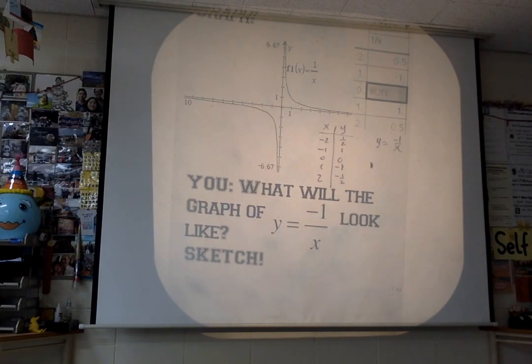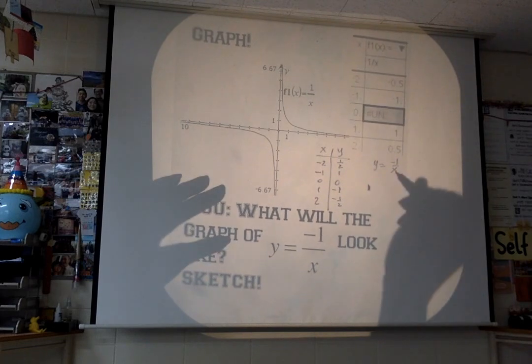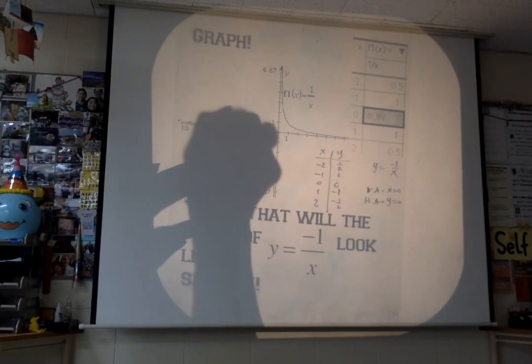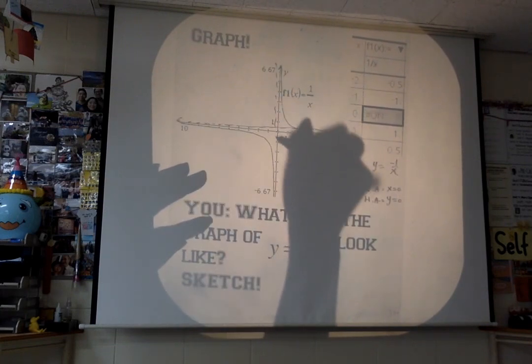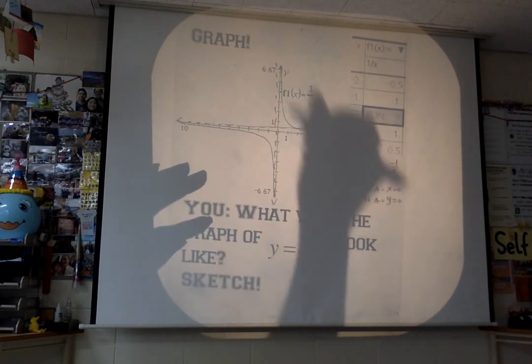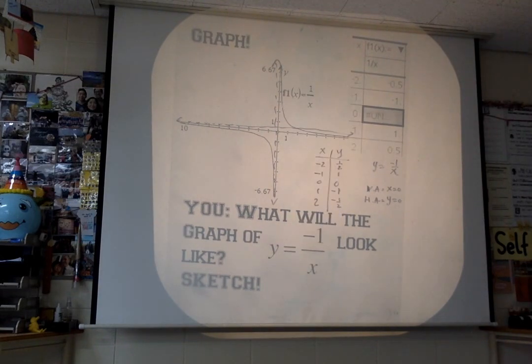So let's graph it onto here. The asymptotes are the same, so the vertical asymptote is still x equals 0. The horizontal asymptote is still y equals 0. So we still have our asymptotes here and here. I'm just trying to put it a little away from the 0 so you can see it better.